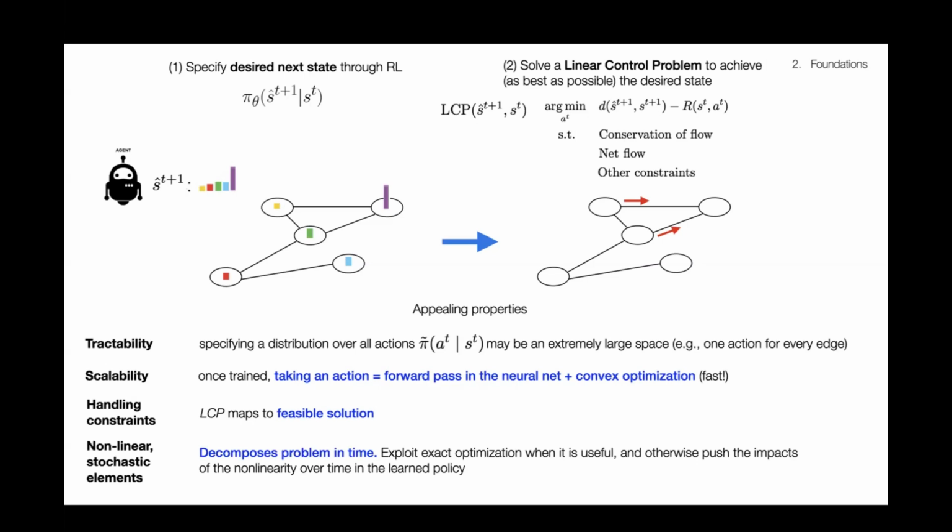And last but not least, one of the key advantages of this, in my opinion, is that this overall framework decomposes the problem in time. If you think back at what we were saying in the previous slide, in no way were we saying that the decision was looking at future states of the system.